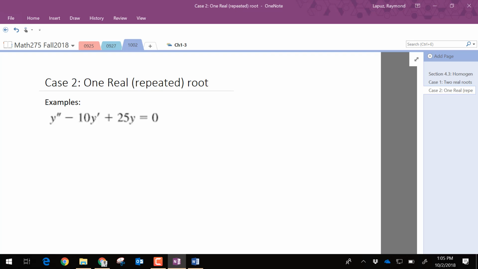So let's again assume that our solution is going to be y is equal to e to the mx, and we'll take a couple of derivatives and put it back into the original equation. y prime is equal to m e to the mx, y double prime is equal to m squared e to the mx, and put that into here.